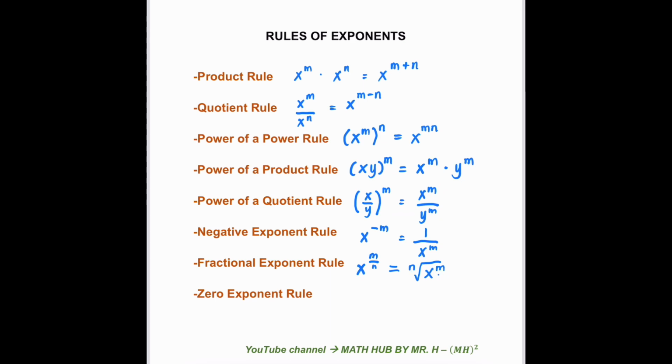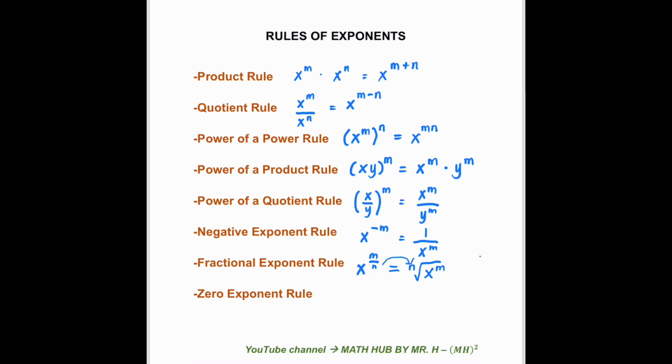So if you notice the positioning, the fractional exponent, definitely the numerator of the fraction is the power of the base, and the denominator of the fraction is now the index. We call that the index.